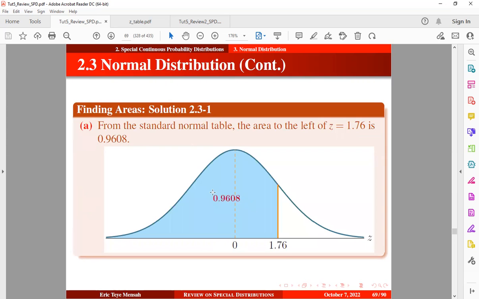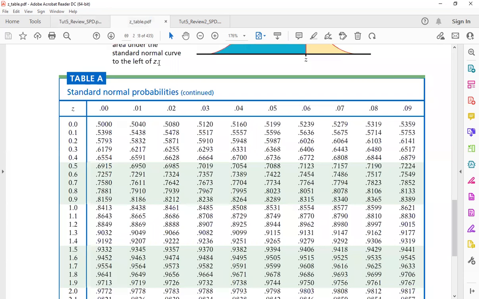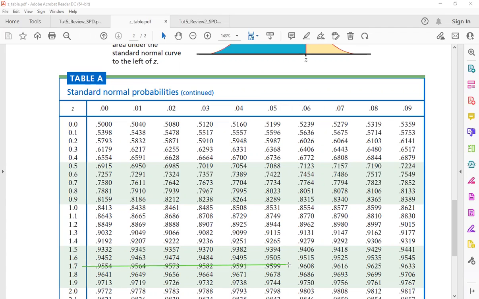So how do we read this from our Z table? First of all, we locate the first two decades at the first column. So 1.7 is here. Let me try and draw this. So we have 1.7 here. The last decade, which is 0.06, can be obtained on the first row.